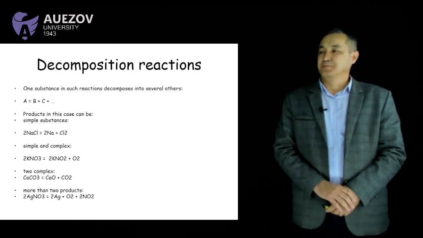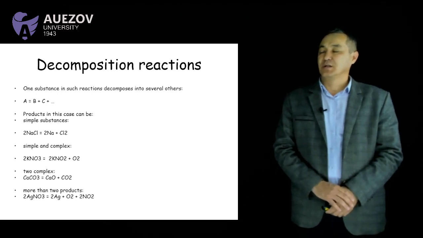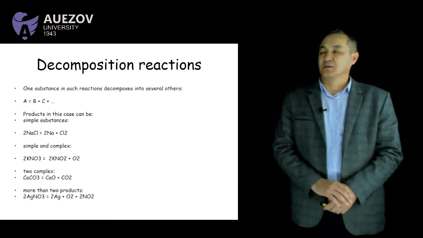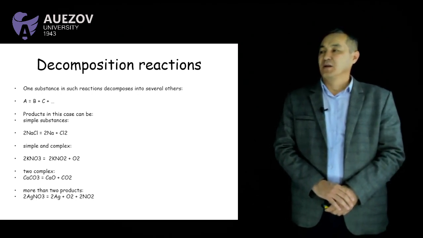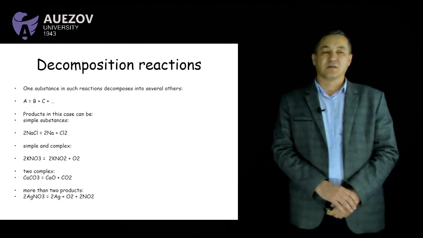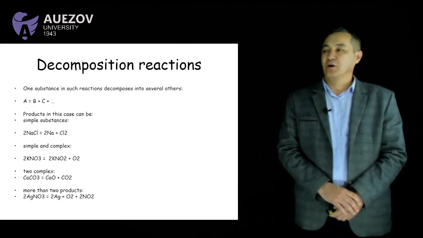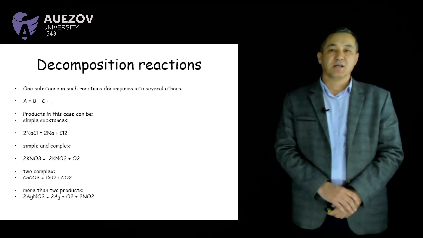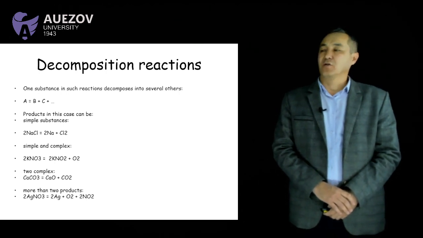Decomposition reaction can proceed with several chemical substances. For example, products in this case can be simple substances. For example, two molecules of sodium chloride can give two atoms of sodium and one atom of chlorine.